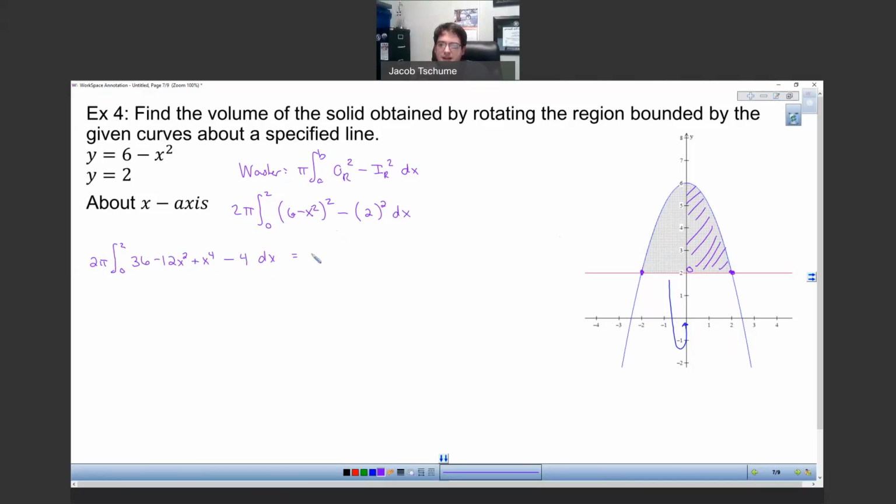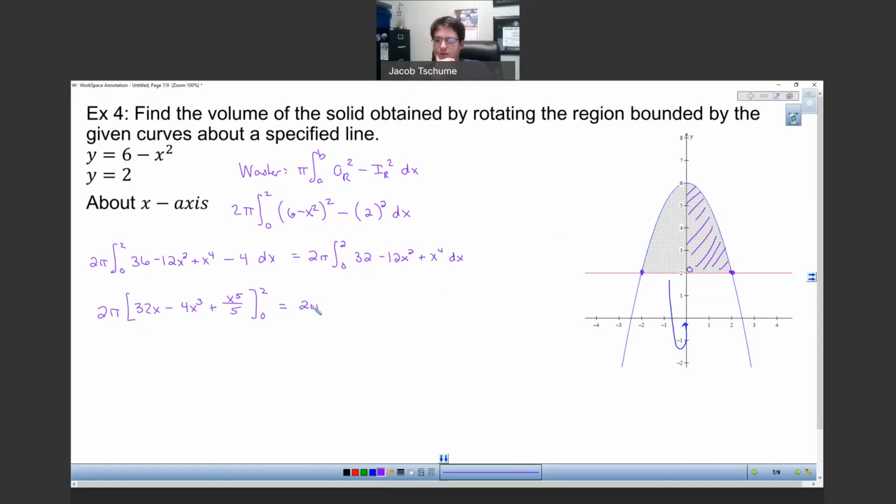Putting your constants together, you would get 2 pi times the integral from 0 to 2 of 32 minus 12x squared plus x to the 4th with respect to x. Go through and integrate all of those pieces. So this would be 2 pi times, let's see, that integrates into 32x minus 4x cubed plus x to the 5th over 5, evaluated from 0 to 2.